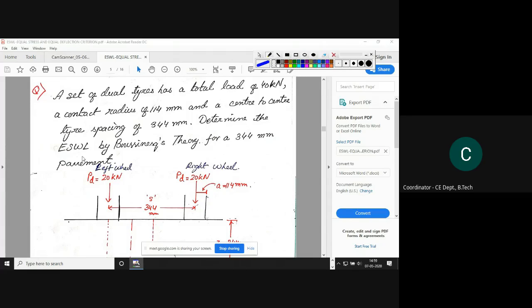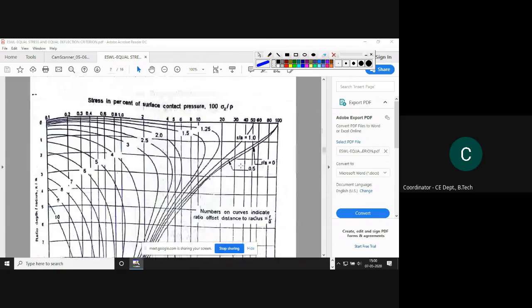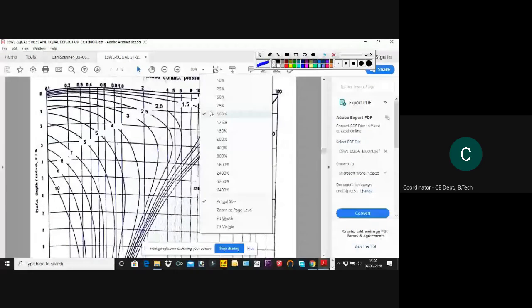So they are asking you to determine the ESWL. Now they have given condition also. What? Bosnick's theory. That means this is the first criteria, equal stress criteria. So they will provide you one stress distribution chart also, which looks like this. With the problem, they will give you this chart also.